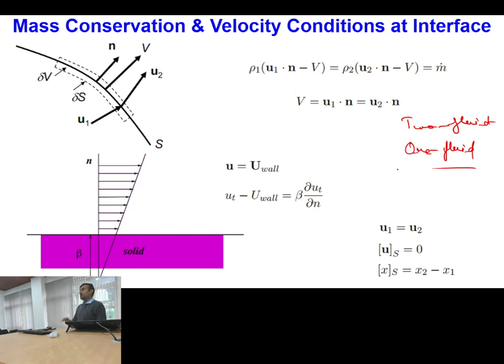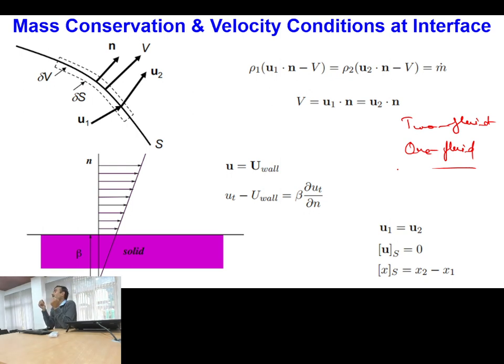In the two fluid approach, for the first phase I will be solving separate continuity, momentum and energy equations. For the second phase I will also be solving separate continuity, momentum and energy equations. While solving the separate equations for each phase, I will encounter some zone where there is an interface.